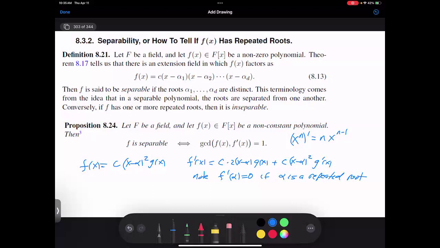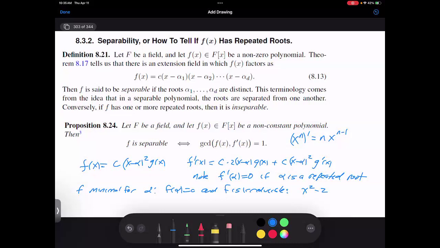The other thing we're going to be assuming is we will want f to be minimal for alpha. So f of alpha equals 0, and f is irreducible. Can somebody give me the roots of x squared minus 1? I'm sorry, I said the wrong thing. I said x squared minus 1, but I wrote x squared minus 2.